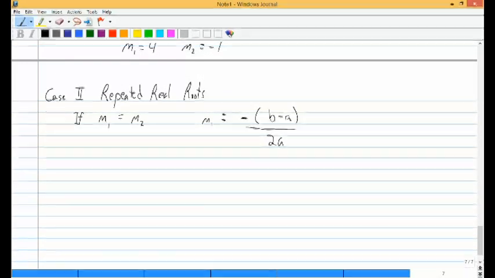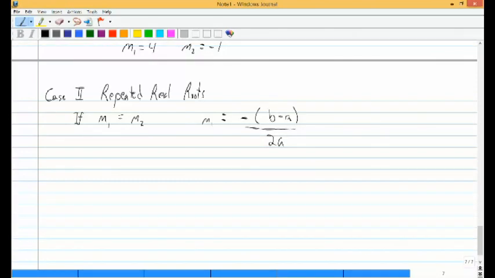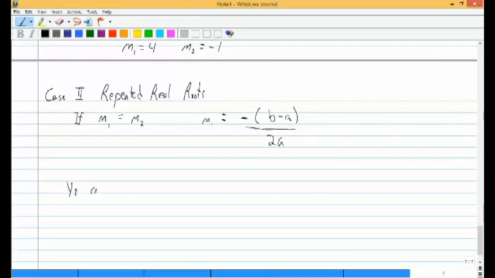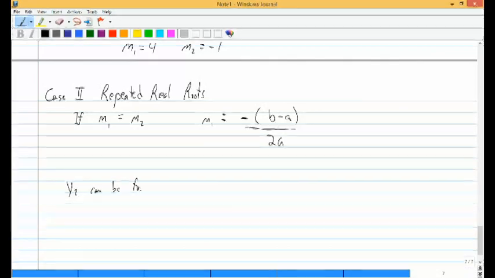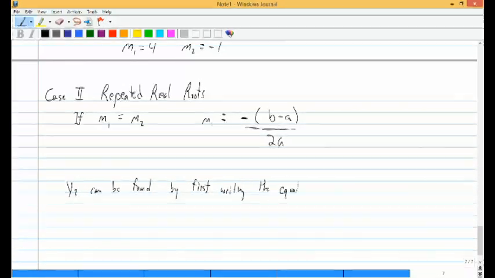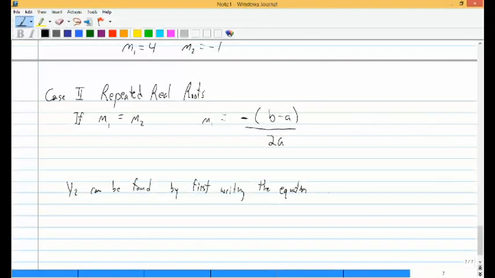Okay, the y sub 2 can be found by first writing the equation in the standard form.